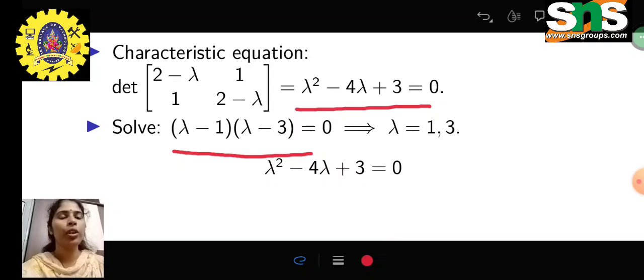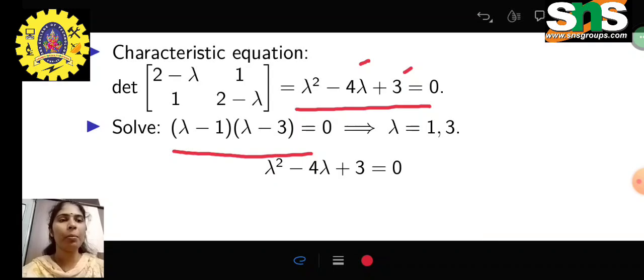So here these roots can be found by using the quadratic formula, or we can use the simplest method, like the sum of the roots should be equal to -4 and the product of the roots should be equal to 3. So when we split this 4, we have to get +3.